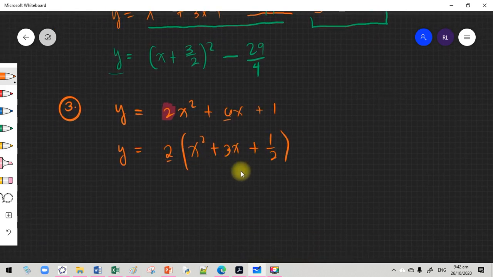So we have y equals, since we're going to apply completing the square here, we're going to enclose it with the bracket.